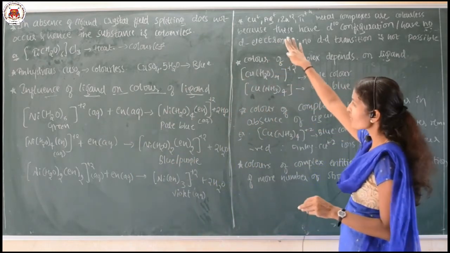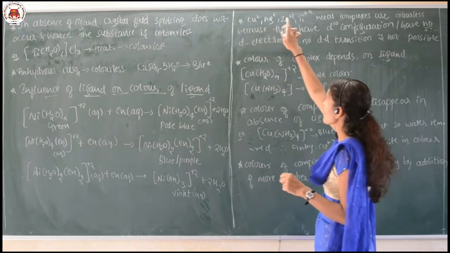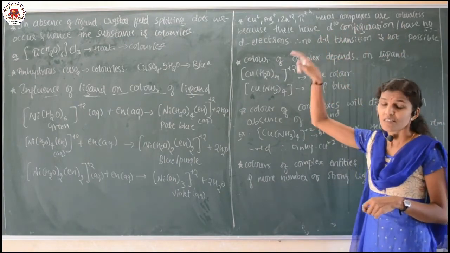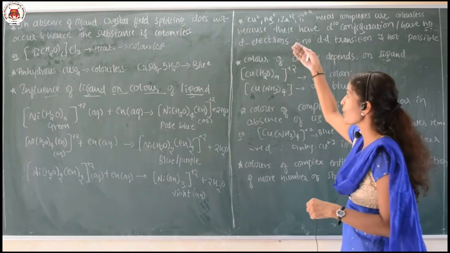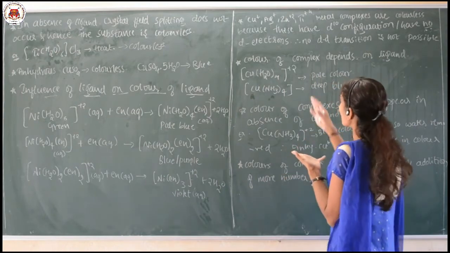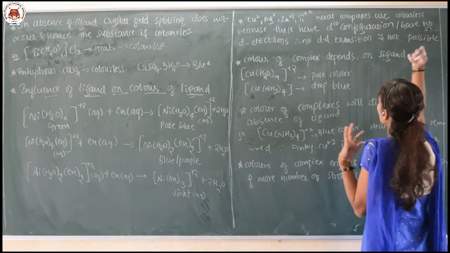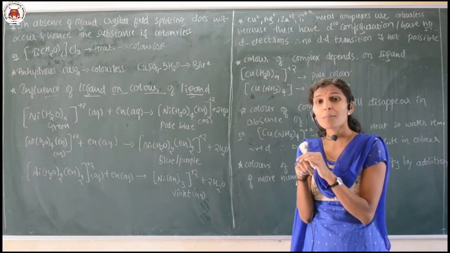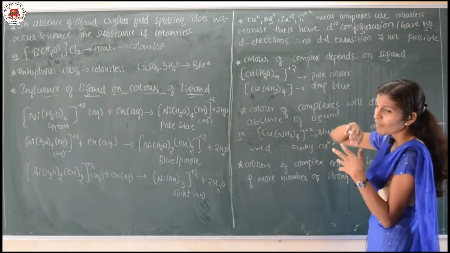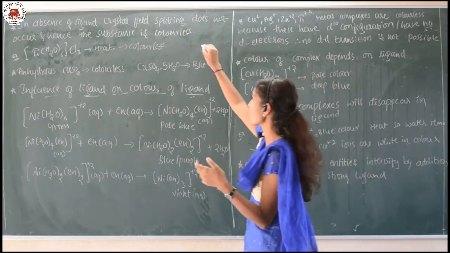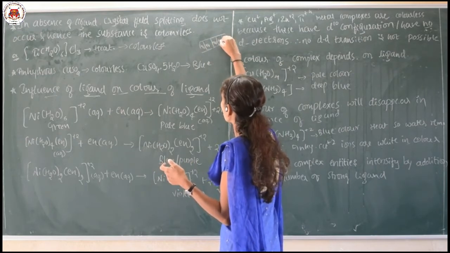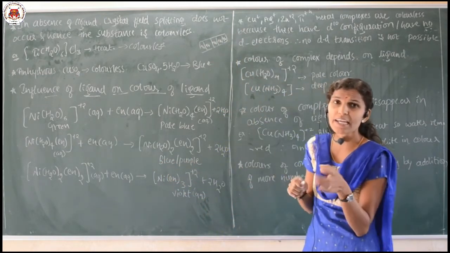One more point here. Let me see these points. The Cu+, Ag+, Zn2+, Ti4+ metal complexes are colorless. See here, these ions which form the complexes, those complexes are colorless. Why? Because these have the d10 configuration. d10 configuration means completely filled d orbitals, so there are no free d electrons for the transition.